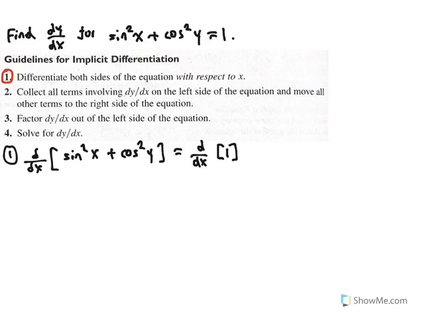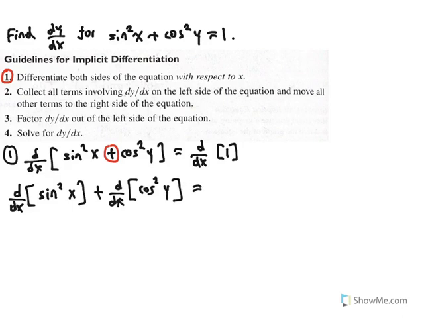And on the left side of the equation, you have 2 terms. So you're going to write the derivative with respect to x of sine squared x plus the derivative with respect to x of cosine squared y, and that's equal to the derivative with respect to x of 1. So this is really easy.